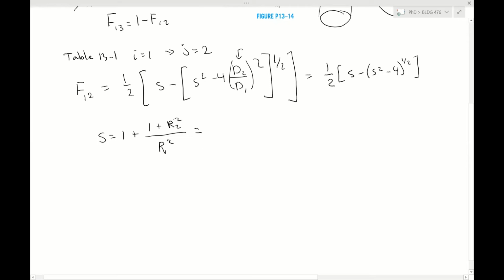Simplifying again, we know R1 is equal to R2, and so if these two are equal, then dividing them is equal to 1. So if you split this up, you get 1 over R plus 1, or 2 plus 1 over R squared, so R being R1 or R2.